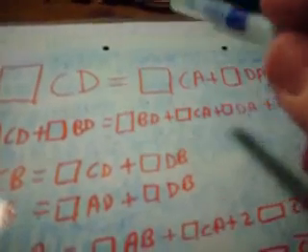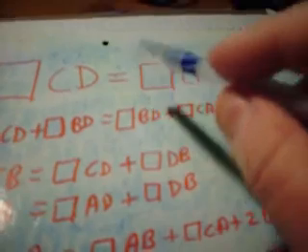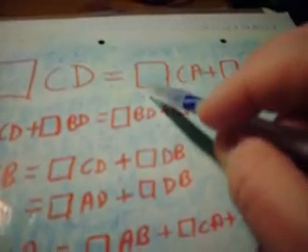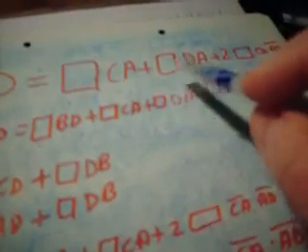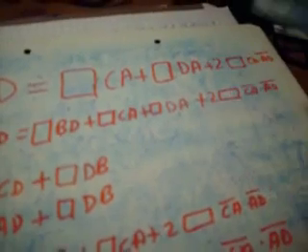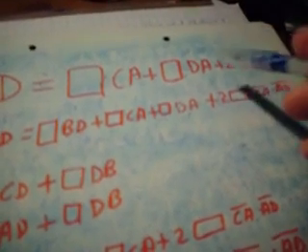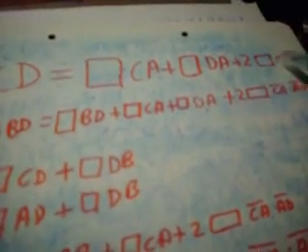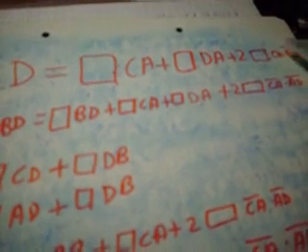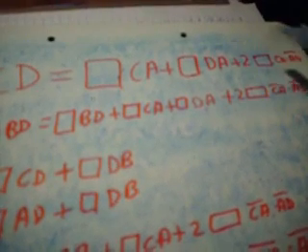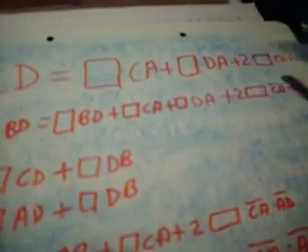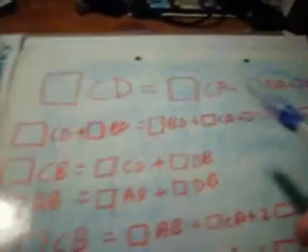Well, the area contained by square CD is equal to the sum of the area of square CA, the area of square DA, plus, if we were to draw out the rectangle CA, AD and multiply the area inside of it times 2, then we could add it to CA and DA and get CD.